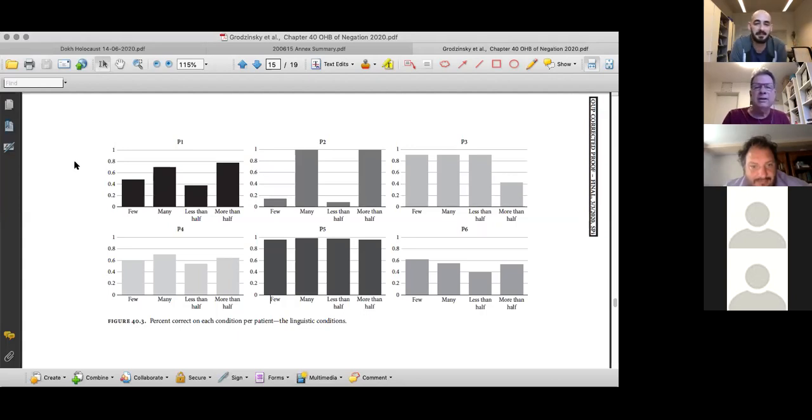Thank you. Okay. So here you have the performance of 6 patients. It's not very telling, namely what you see here, so that you see few, many, less than half, more than half. And one thing you can see here is that each patient sadly gives you a different pattern.